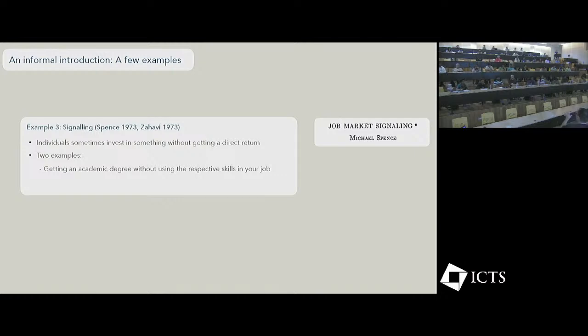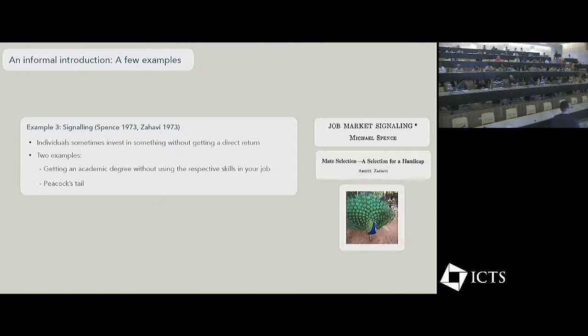For example, I could imagine that most of you perhaps stay in academia, but some of you might actually go to industry in the long run. And it's very well possible that in the long run, you need none of the skills that you learned and trained very hard while you were a PhD. And still, it actually makes a lot of sense to do a PhD. And the question is, why?